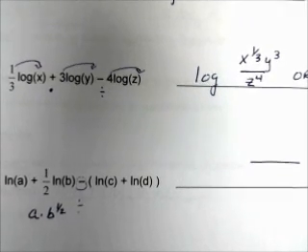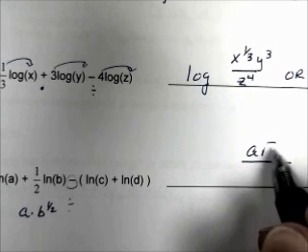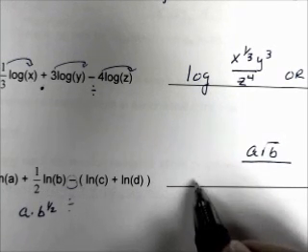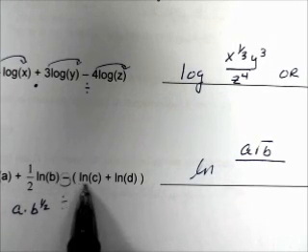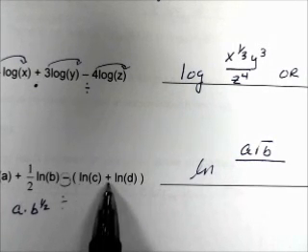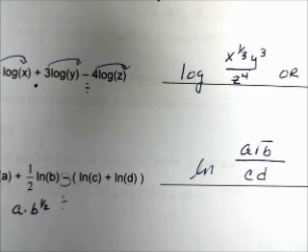But b to the 1/2 is going to be equivalent to the square root of b. So I have a square root of b for my numerator. Let's not forget our ln. And the denominator is this. It's addition, meant we started with multiplication. So the condensed form is CD. That's it. One single ln of a square root of b divided by CD.